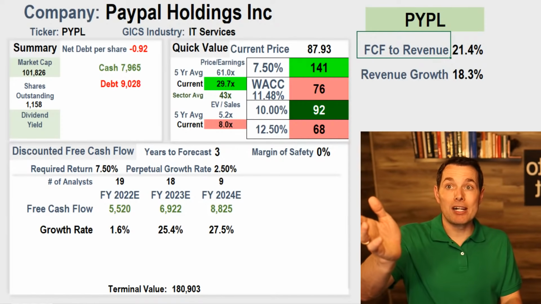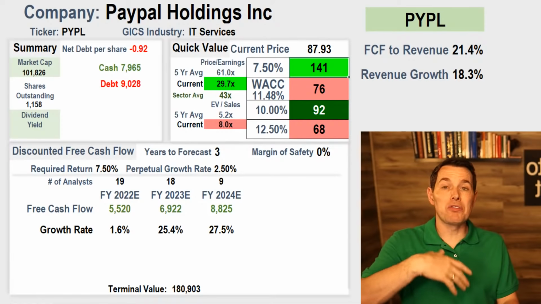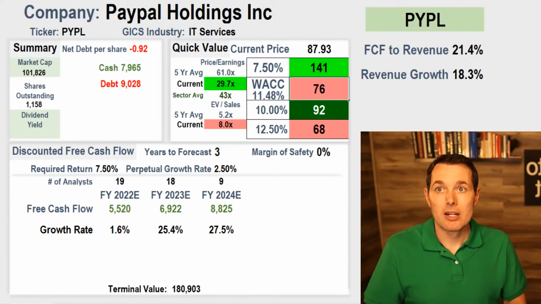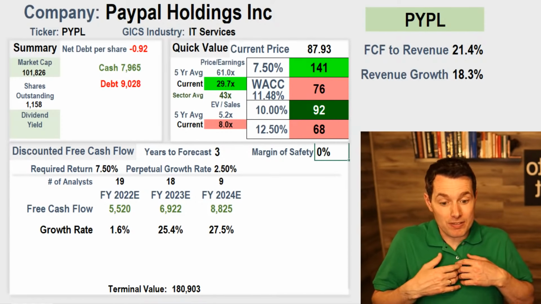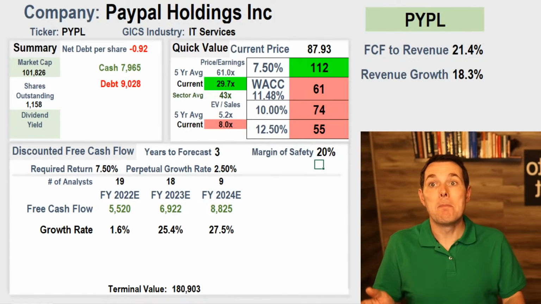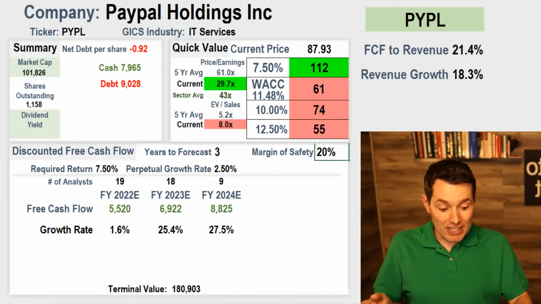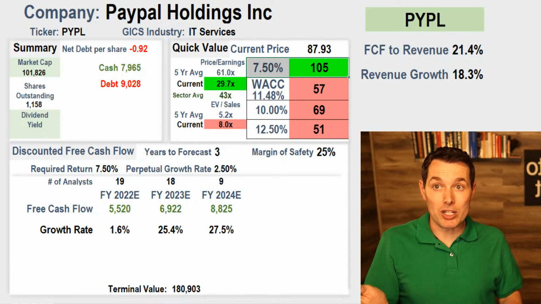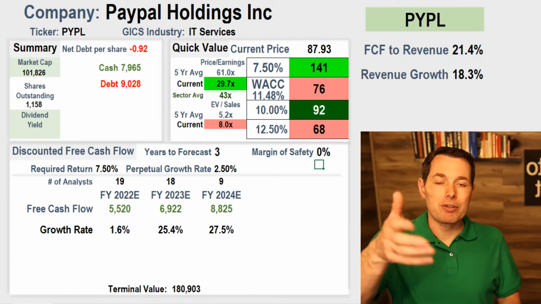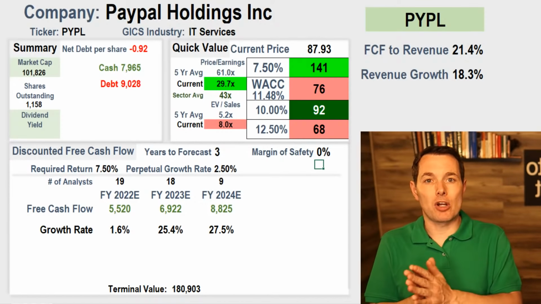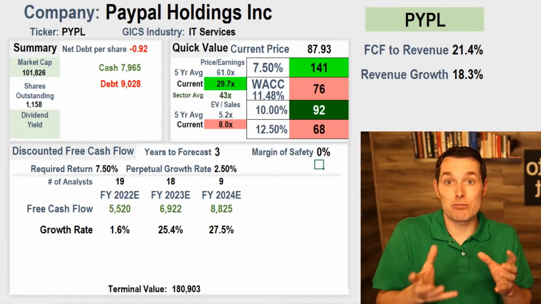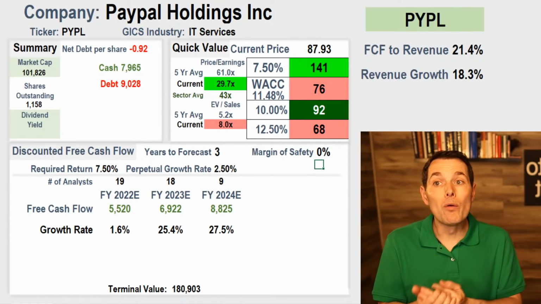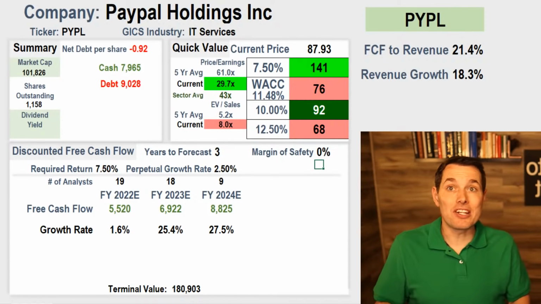Now, at the current price, so using 7.5%, 141, it looks like a steal right here. Now, I would add a margin of safety to this. For me, I'm in the 20% range, maybe even 25%. But even at 25%, the stock at 7.5% still looks quite good. One of the reasons I would have a bigger margin of safety for a stock like this is because it's volatile, because it's somewhat risky. But overall, the stock looks interesting.